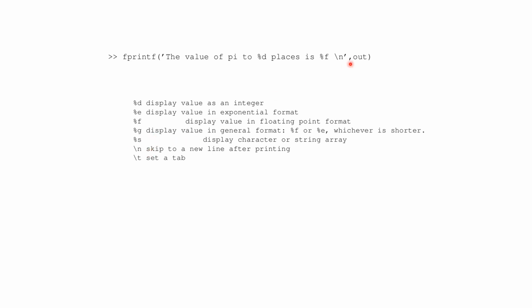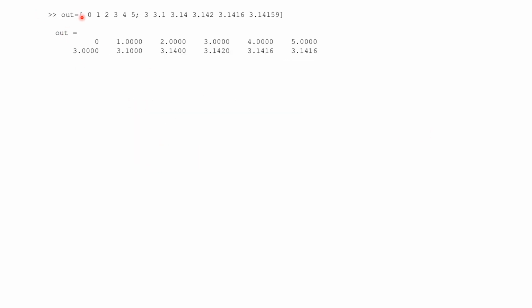You need new line at the end. Don't forget that. When you finish with this little message, new line, and then \t for a tab. Let's make a matrix. I'm going to call it out. Of course, you can call it whatever you like, but this is the matrix from which we're going to print.